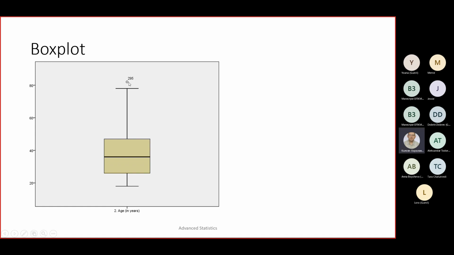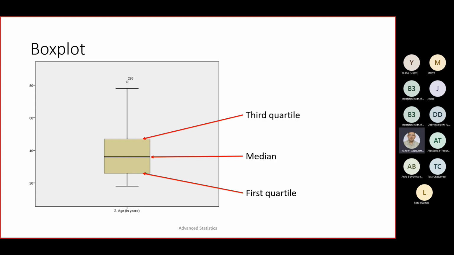That means that we have one person who is very old, and this person is outlier. Normal range for age is from here to here, but the oldest person is out of this range. He or she is outlier. So, okay.